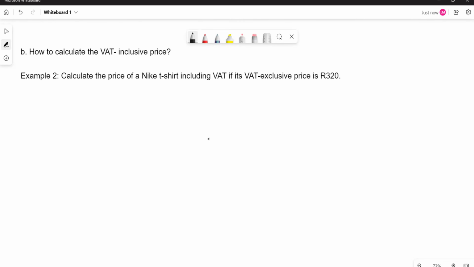The VAT exclusive price means without VAT. So how do you get the VAT inclusive price given the VAT exclusive price? It is going to be your 320 times 1,15, which will give you 368 rands straight away.